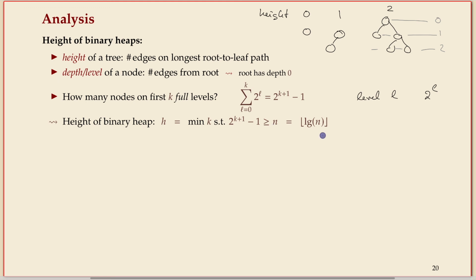And if you invert that, it means that the height of this heap is log n rounded down. Remember, height is counting the number of edges, so it actually has height plus 1 levels. Right? You start counting at 0 with the levels. All right, that's terminology. I'm just going over this slowly because we'll use that for other bits.